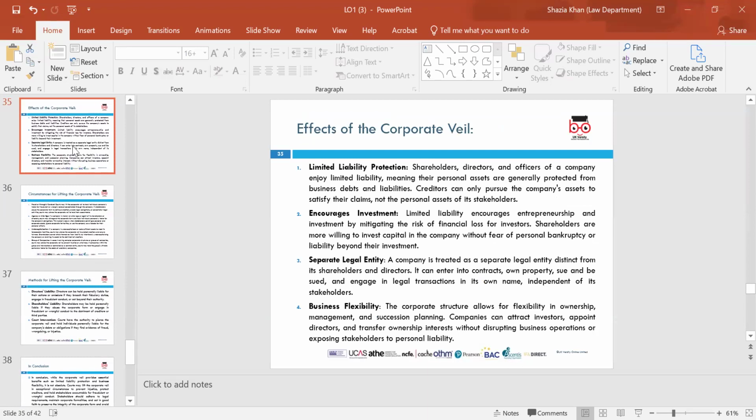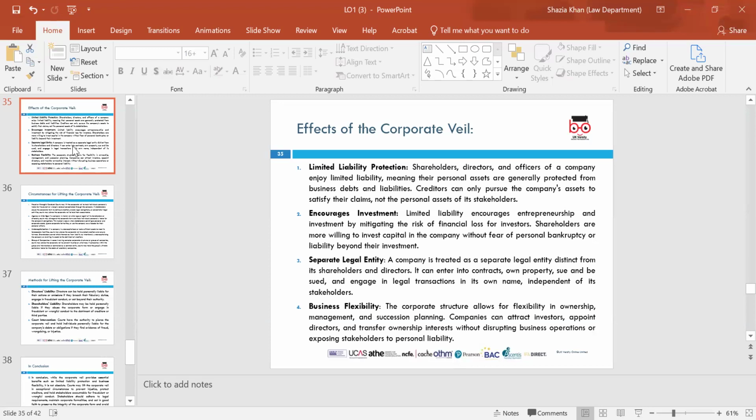So, the effects of the corporate veil. For limited liability protection, shareholders, directors, and officers of a company enjoy limited liability, meaning that their personal assets are generally protected from the business debts and liabilities. Creditors can only pursue the company's assets to satisfy their claims, not the personal assets of its stakeholders.